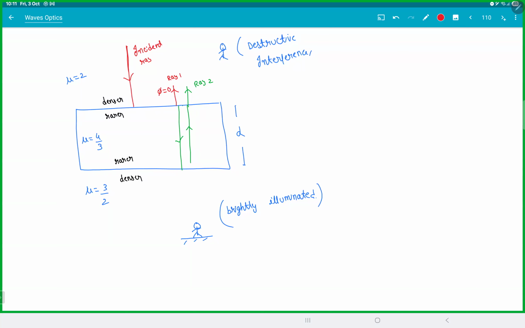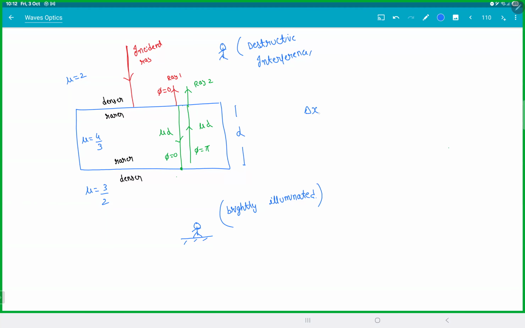What about the green one? The green one is not only traveling here, mu d, right? It is also hitting here. What is this? Yeah, going from rarer to denser. So this will get a phase shift of pi. Make sense? So what is the path difference now?